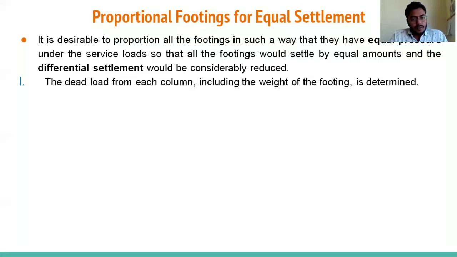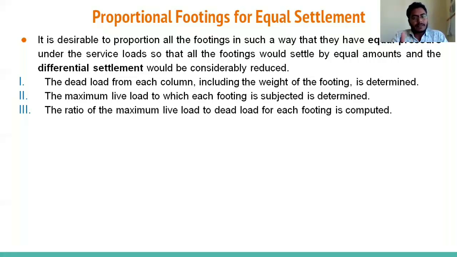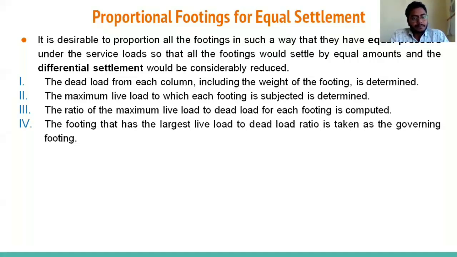So we determine the dead load from each column, including the weight of the footing, and the maximum live load to which each footing is subjected, and then the ratio of the maximum live load to dead load for each footing. The footing that has the largest live load to dead load ratio is taken as the governing footing.